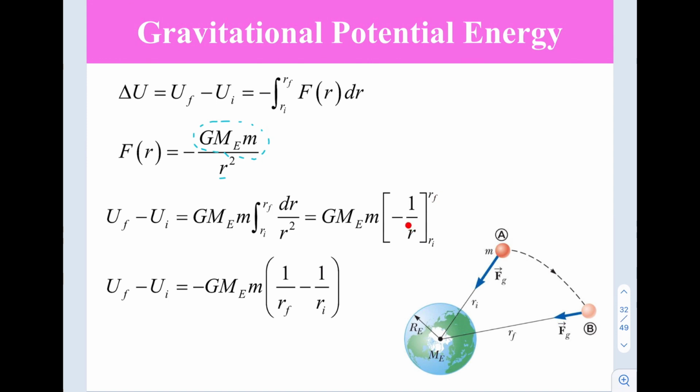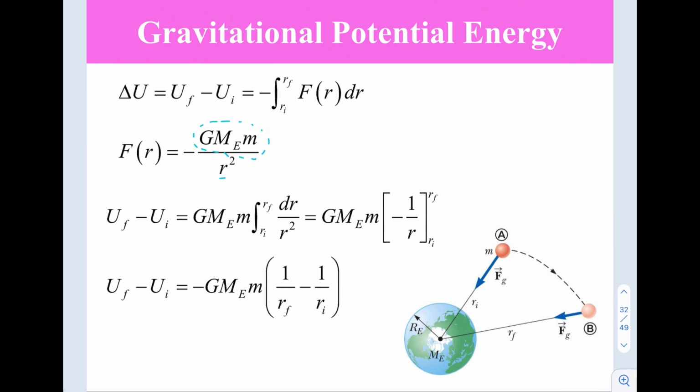Substituting this, delta U, or U final minus U initial, is equivalent to negative G m of the Earth, m of the object, times 1 over r final minus 1 over r initial. Let's say it has changed position: initially it is at A with r initial, and finally this object is at B with r final.